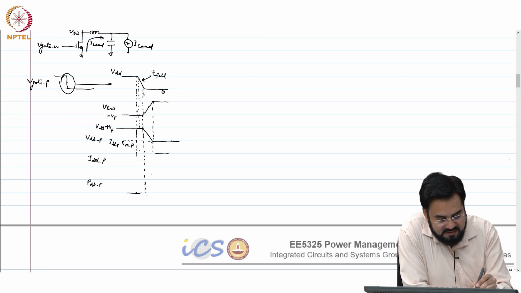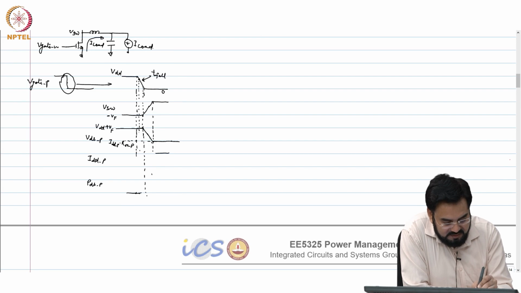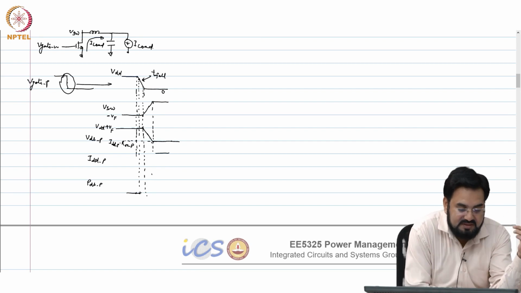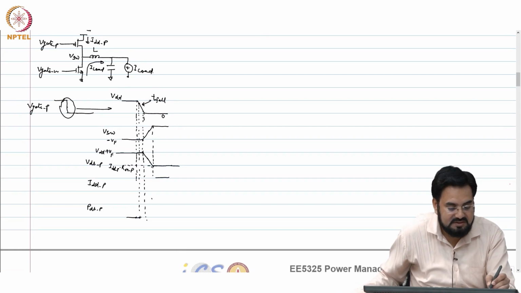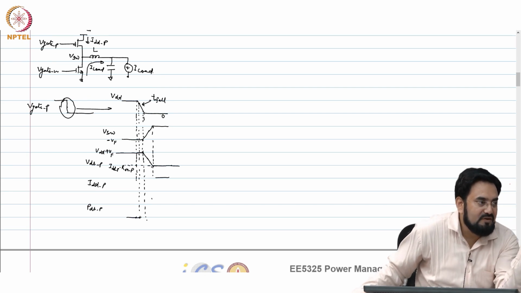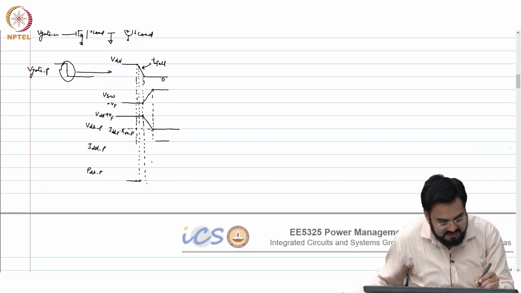So, your gate voltage, this is the point where you cross the threshold voltage. So, your current will start rising from here, and before your source voltage, the switch voltage VSW, starts dropping to 0. That means, you have attained the current of I load. So, it should peak before this.